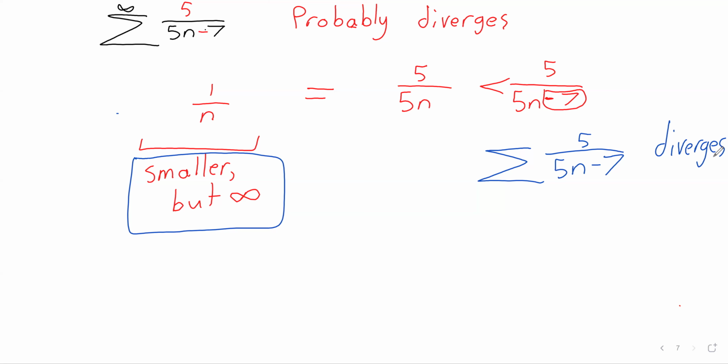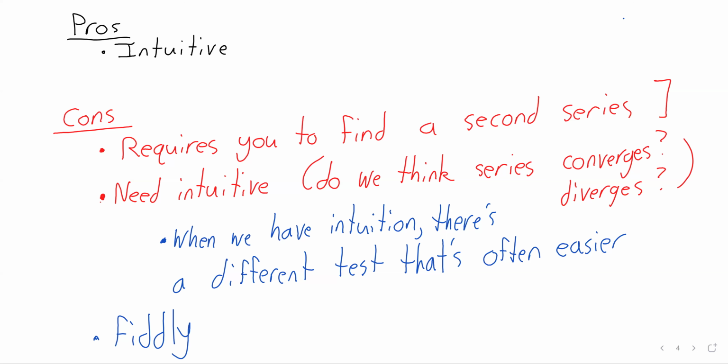The comparison test can be quite fiddly. I started to feel sort of bad for it, so I stopped with the cons, but pretty minor changes to the series that we're looking at, changes that really shouldn't affect convergence or divergence, can significantly affect how the comparison test is applied.